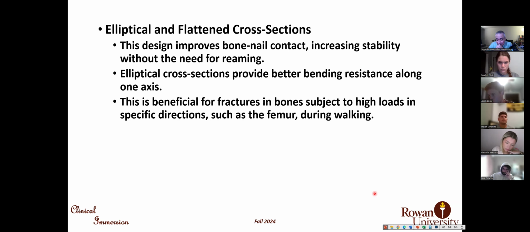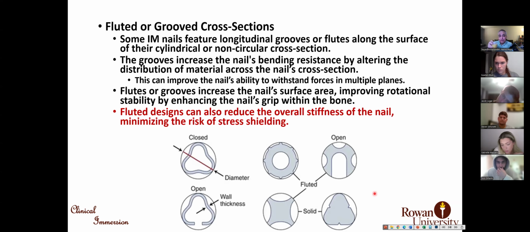But sometimes they are very difficult to insert, and since the diameter in different directions is not the same, their bending and torsional stiffness are not the same in all directions. So they may fail easier in one direction than the other, and it is not something that we want. So due to these reasons, almost all the nails that we currently use are circular in cross section.